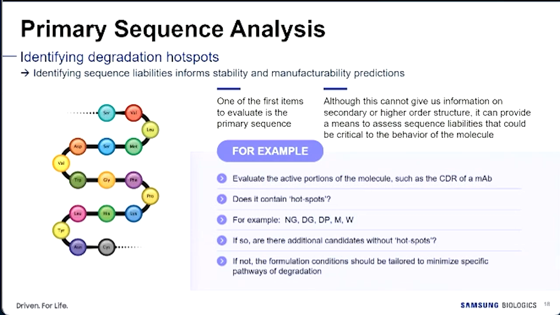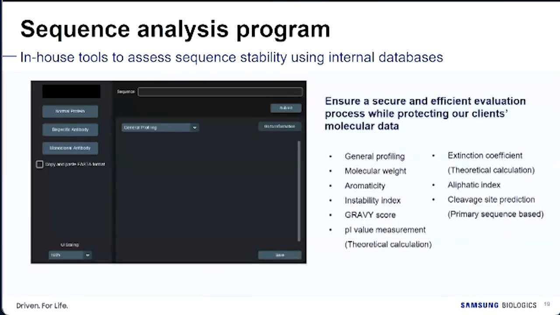For example, if there exist some hotspots for degradation in the CDR of the monoclonal antibody, then the formulation condition can be adjusted to account for those hotspots. So continuing with the hypothetical sequence, if, for example, there is NG, this might guide future decisions with regards to formulation pH. I'd like to introduce our own primary structure evaluation program.